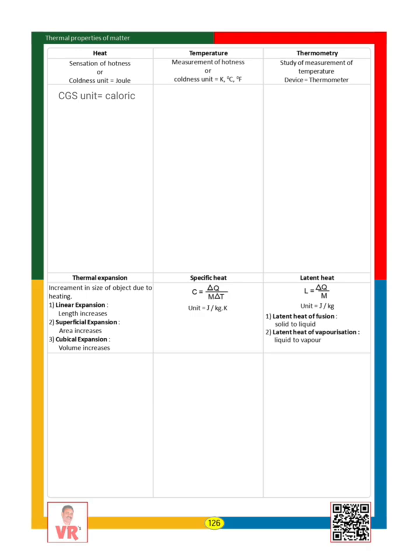Next, heat needed to change the state of a substance without changing its temperature is latent heat, indicated by L. L equals delta Q by M. Its unit is joule per kg.